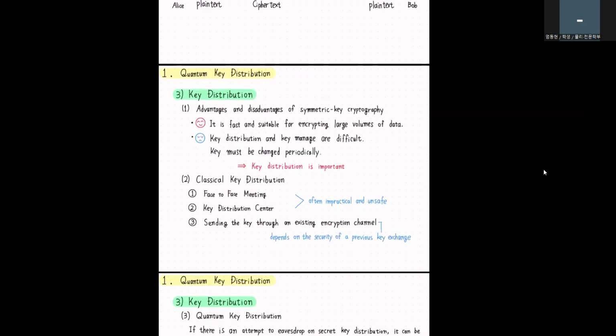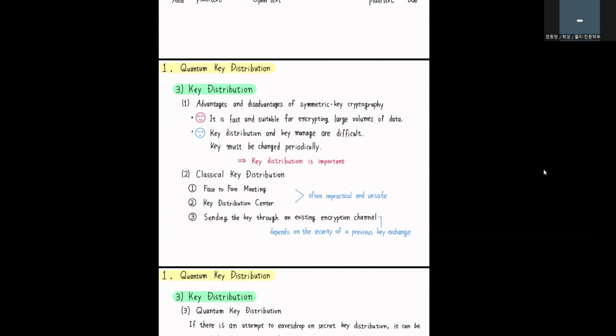The advantages of symmetric key cryptography are that it is fast and quick, and it's suitable for encrypting large volumes of data. But on the other hand, key distribution and key management are quite difficult. Keys must be changed periodically because if Eve somehow manages to get hold of either key, then Eve can easily decrypt messages or even send false encrypted messages to Bob.